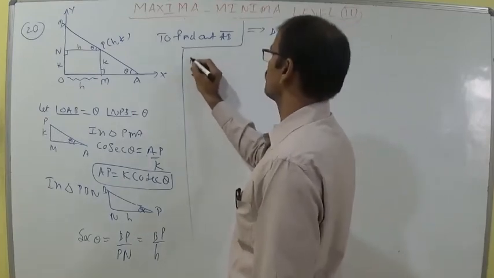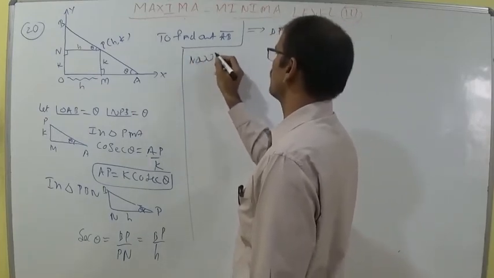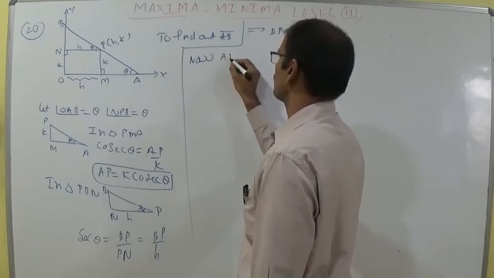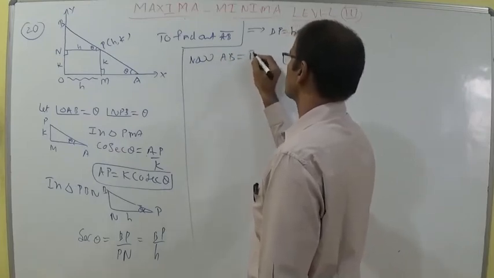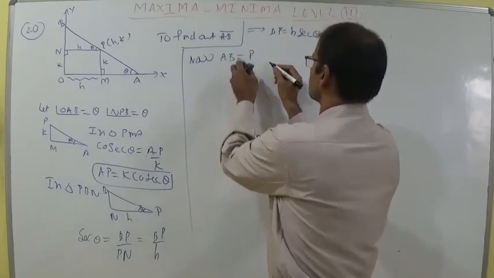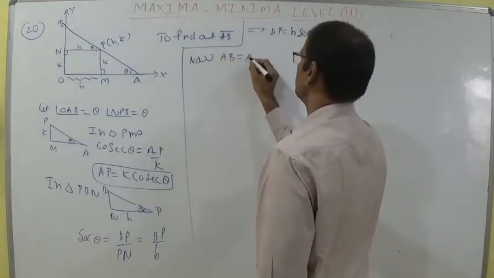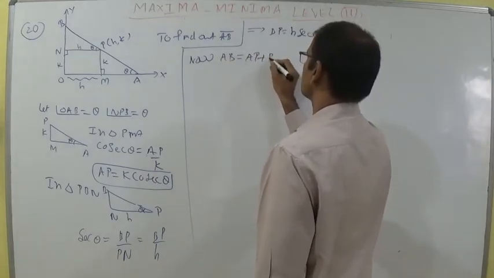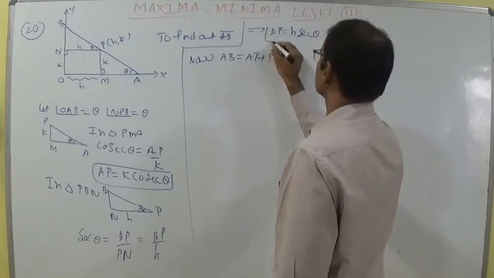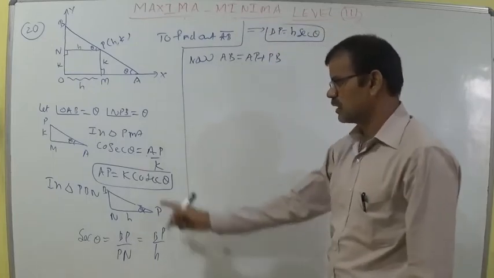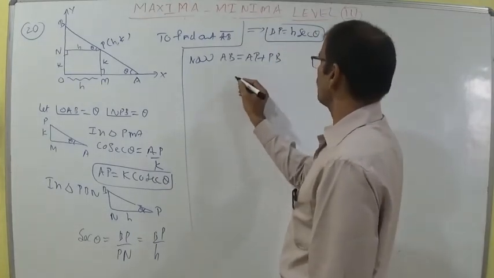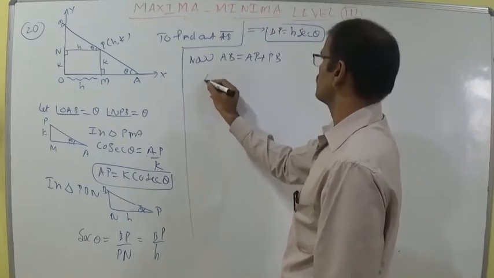Now, to find AB, you can write AB is equal to AP plus PB. Whatever AB is, put a box. AP is K cosecant theta and PB is H secant theta.